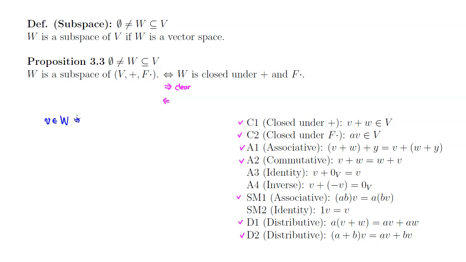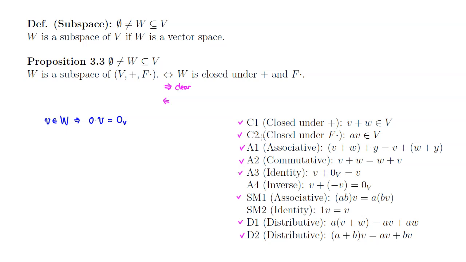Then we can multiply by 0 from the field. So 0 times V gives you the additive identity. We know that such a thing exists, so we can check that off.